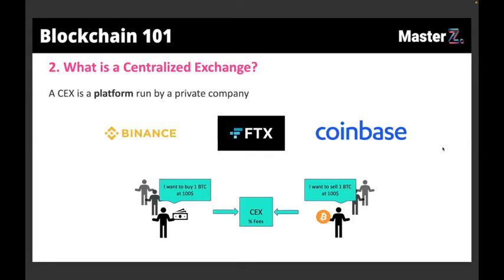So the first thing that happens is that the person on the left can say, I'm here on Binance, let's say, because I want to buy one Bitcoin at $100. So when the buyer puts this order on the centralized exchange, it's put on what's called an order book.